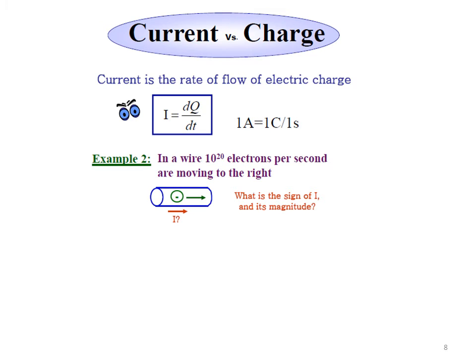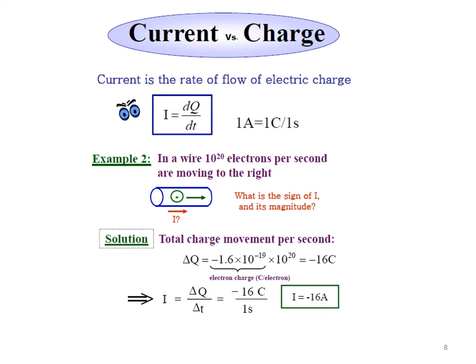Okay, let's look at example 2. In a wire, we have 10 power 20 electrons per second moving to the right. What is the sign of I and its magnitude? Okay, this is the solution.